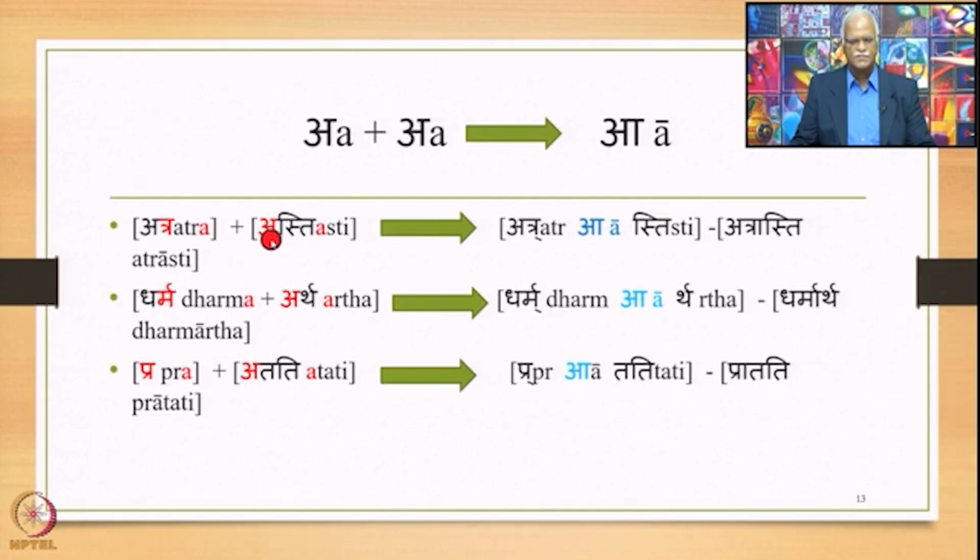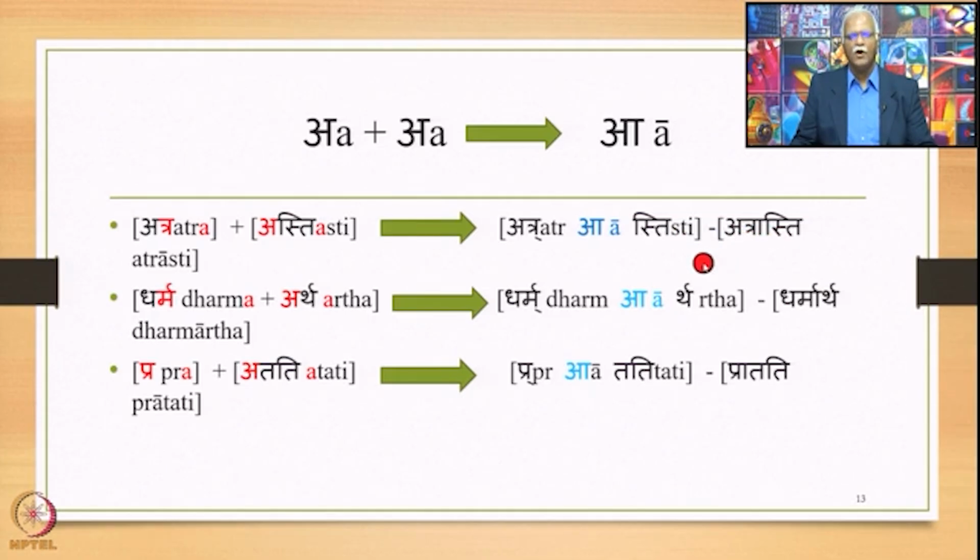This is a sentence, and both a in atra and a in asti are in close proximity in the Samhita mode. And so now 6.1.101 applies and substitutes both these by their long variety, namely a. So the output generated would be atra, a and sti. When we join them together, we get atrasti.